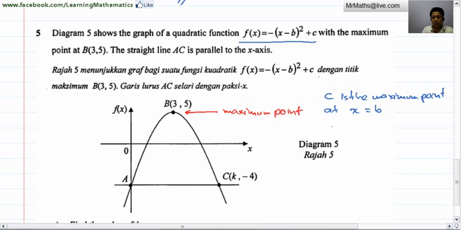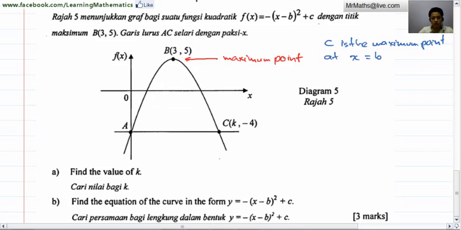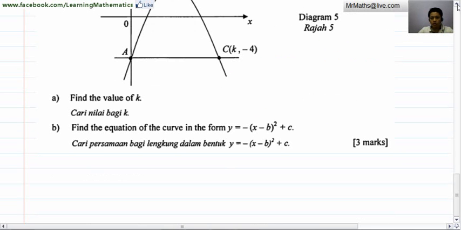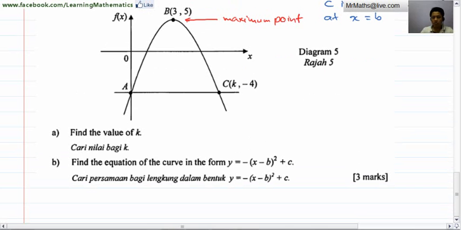Now we are trying to find the value of k. That's the first question. We can disregard all those mathematical formulas first. Let's take a look at a simple way to figure out the value of k. The dotted line I put there is a symmetry line, which basically means the left hand side of the curve is equal to the right hand side of the symmetry line.